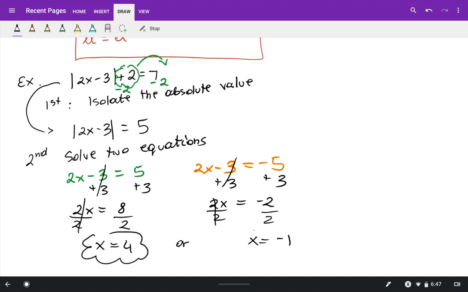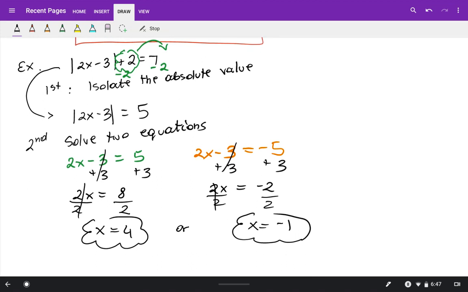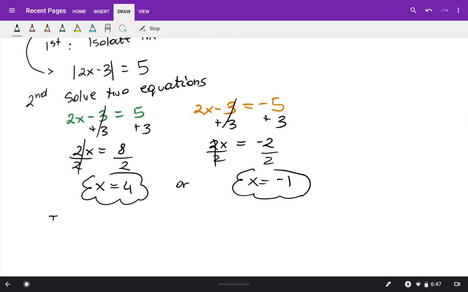We solve absolute value equations, and again, remember, you're always going to solve two equations. So the solution set is, let's keep that in order, -1, comma 4. That's the solution set of this equation.